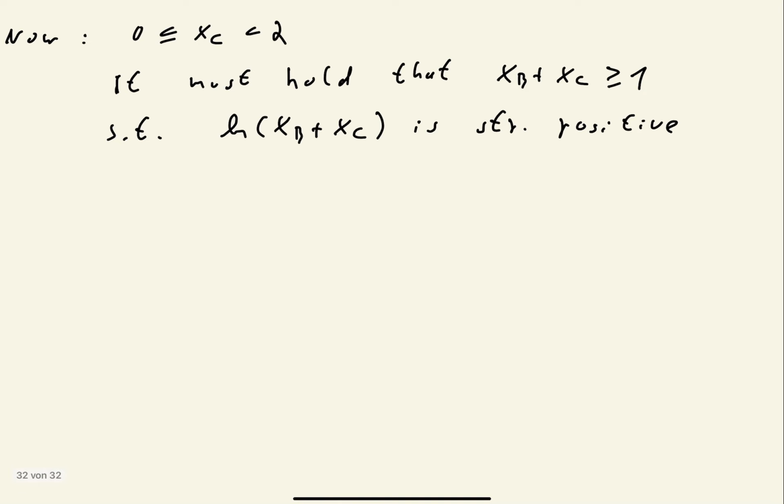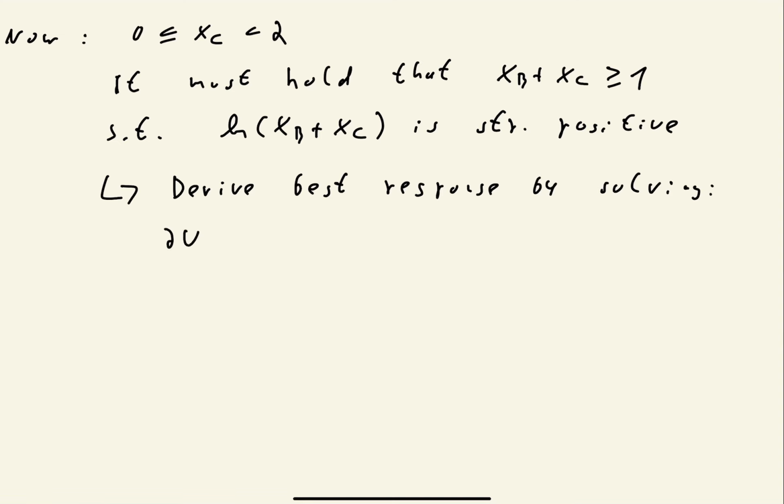Derive best response by solving the derivative of individual B, the marginal utility of individual B when he's increasing his provision of the public good, and this should be equal to 0. Of course, considering that individual A is choosing amount of the public good equal to 0. So then what we get is xb is equal to 2 minus xc.